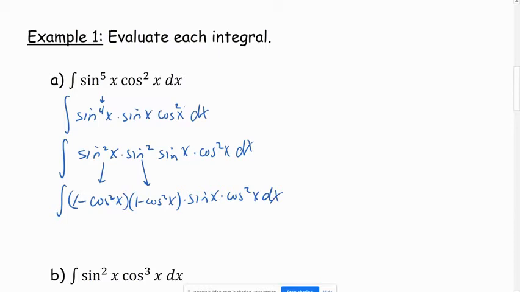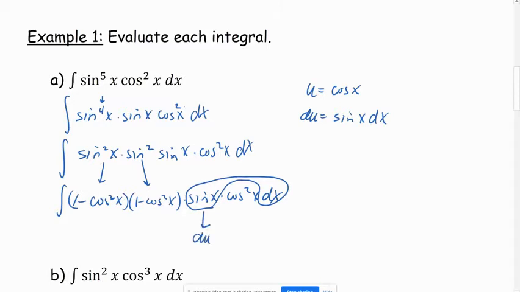Then we do a substitution: u is equal to cosine x, du equals sine x dx. So this sine x dx is going to get replaced by du, and the rest of it is all cosines. So this is 1 minus u squared, 1 minus u squared, and then this one is u squared.